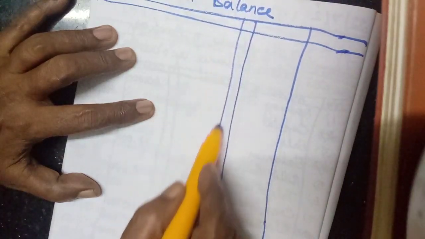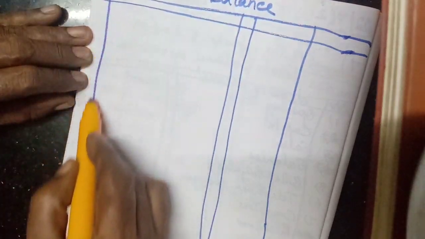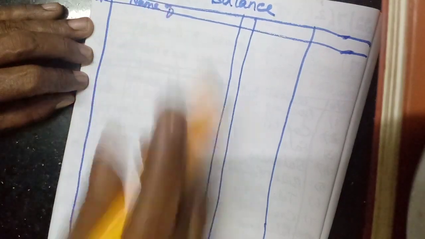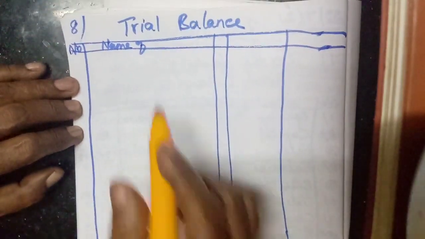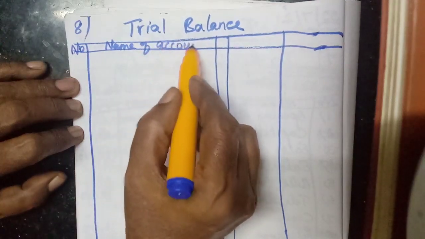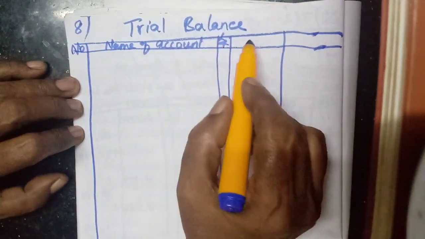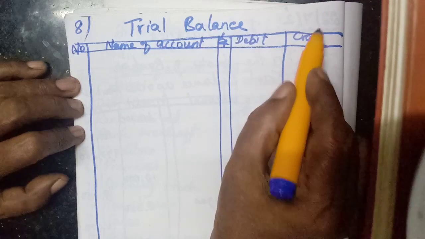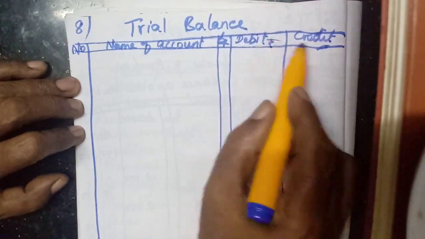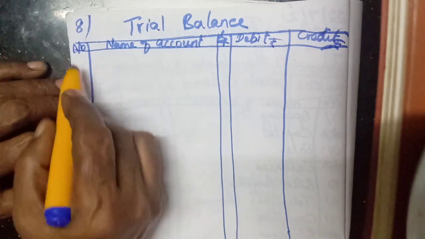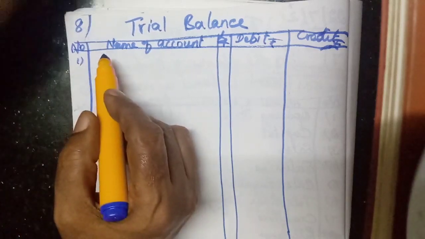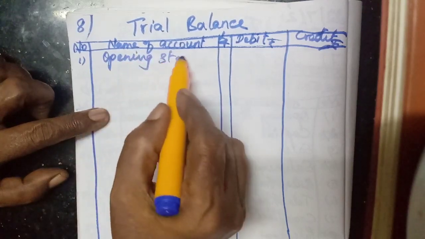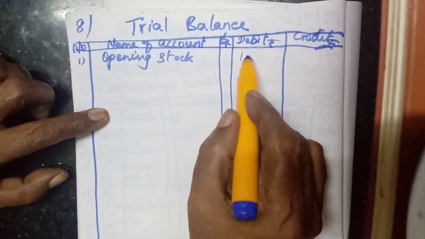Debit, credit, then LF, then number, name of account, LF, debit, credit, rupees. First one, opening stock. There they have debited. It is correct only, isn't it? So we will also debit.